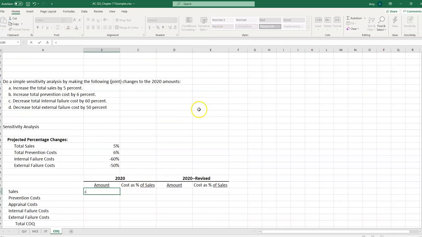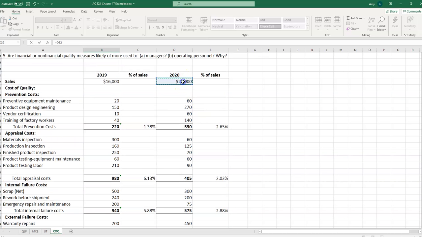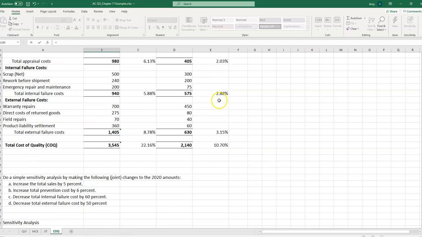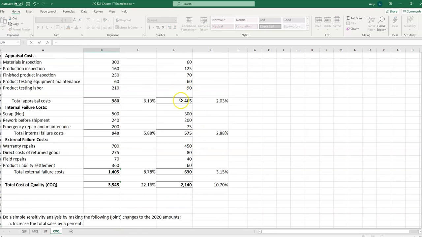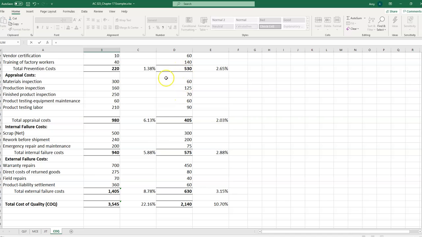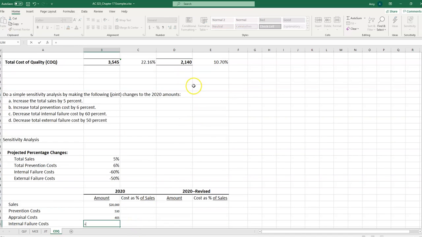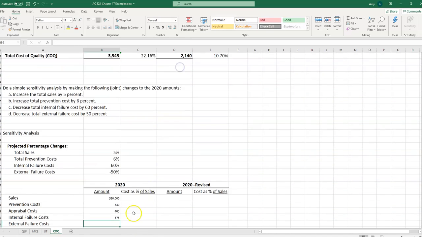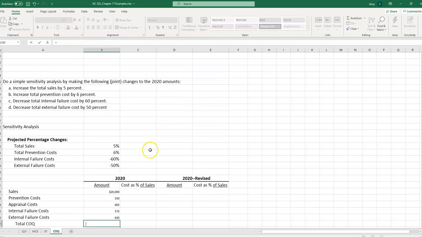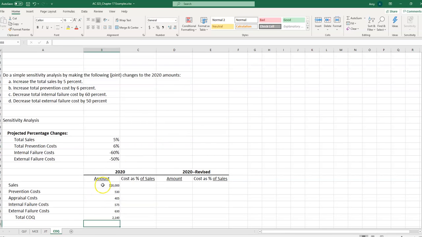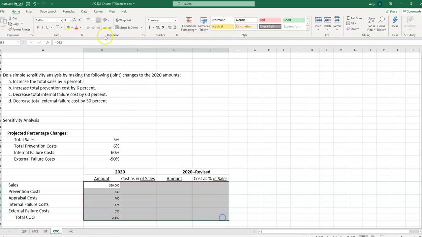Our sales are 20,000 and prevention costs 530, appraisal costs 405, internal failure 575, and external failure 630. Total cost of quality 2,140. So what we're looking at here is this sensitivity analysis.